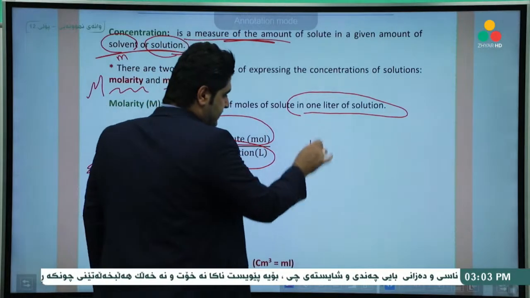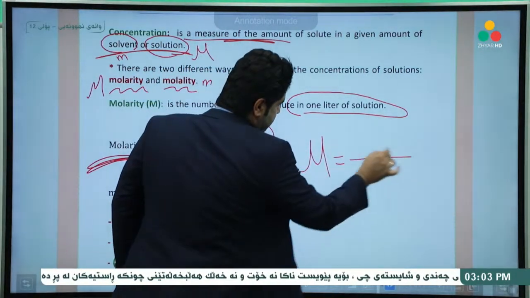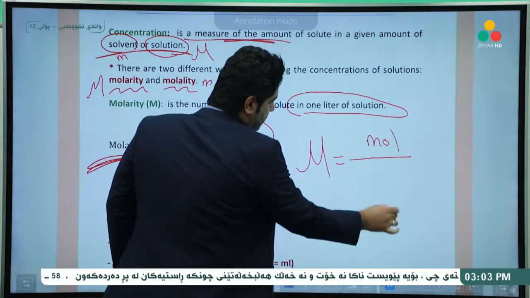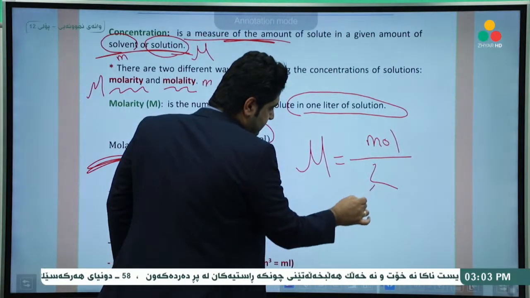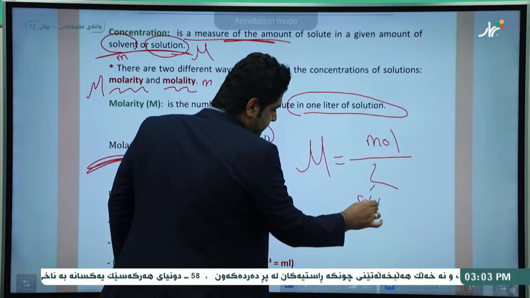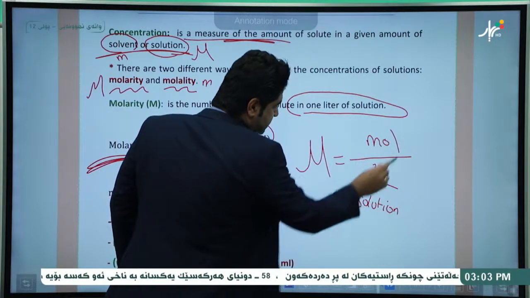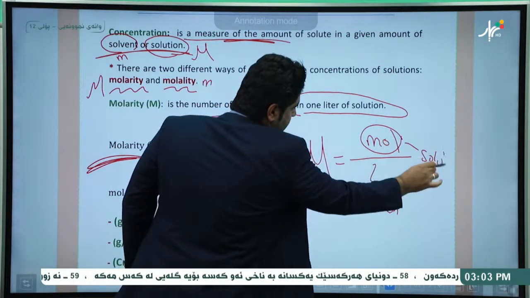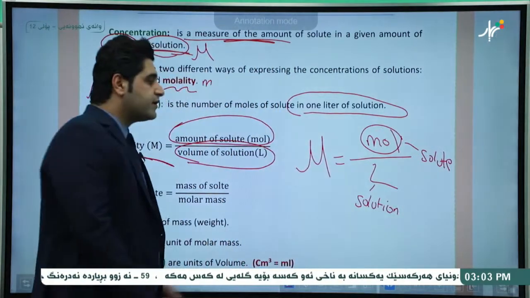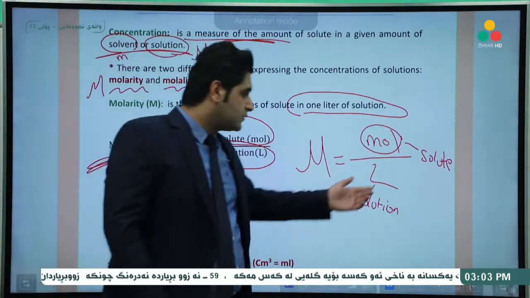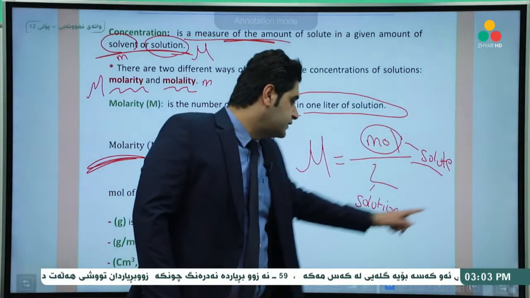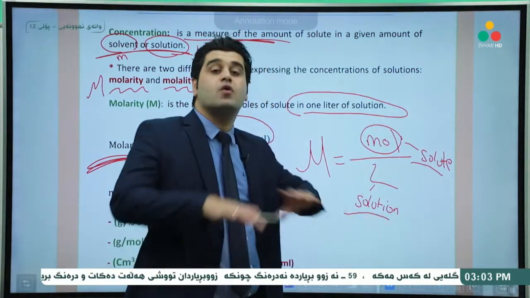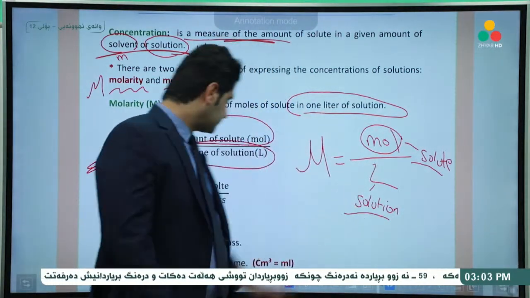So we can abbreviate it as molarity is equal to mole per liter. Liter is for the solution, but mole is for the solute. So for molarity, we're going to be concerned with the amount of solute and the volume of the overall solution.